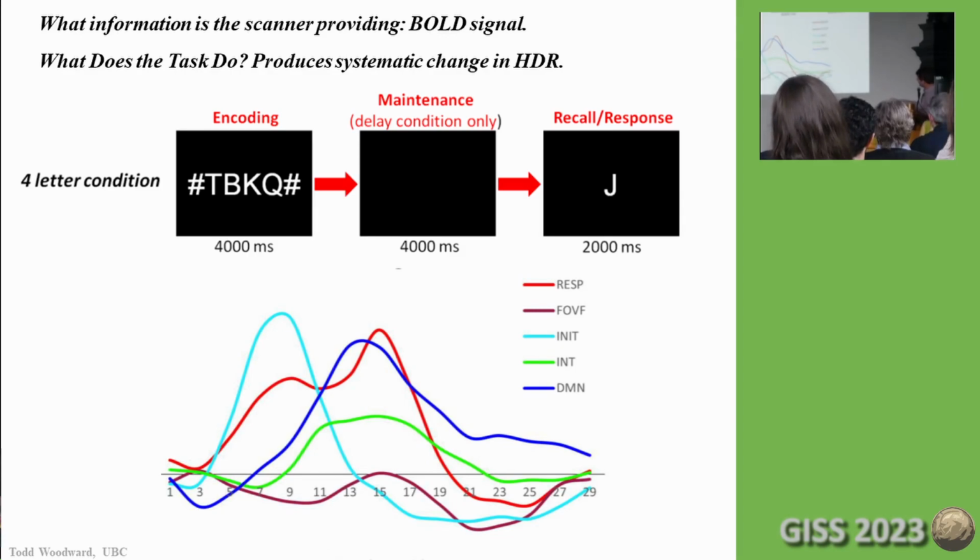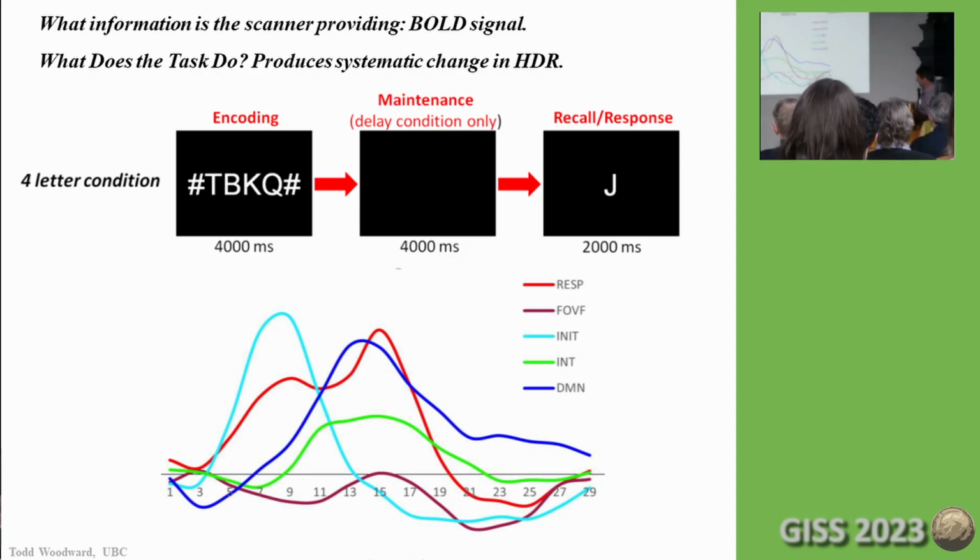This red one is a response network that's involved in actually carrying out the response. This is a default mode network here, and this one has to do with focusing on visual features. So we found this set of 5 networks in multiple working memory studies.